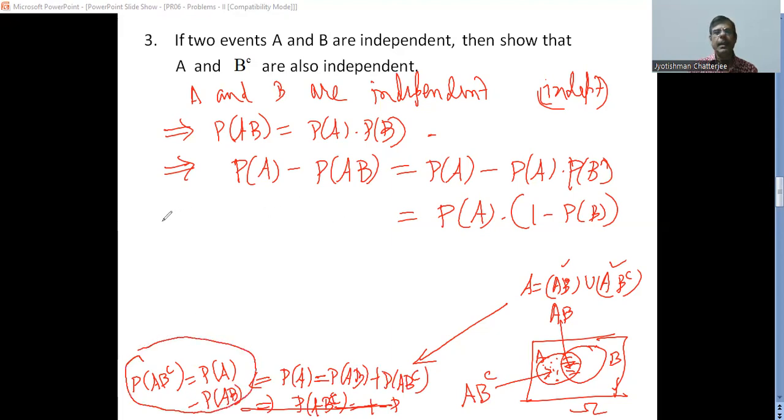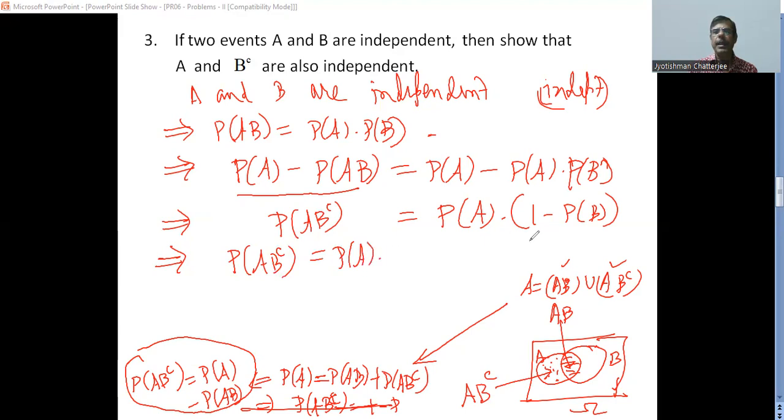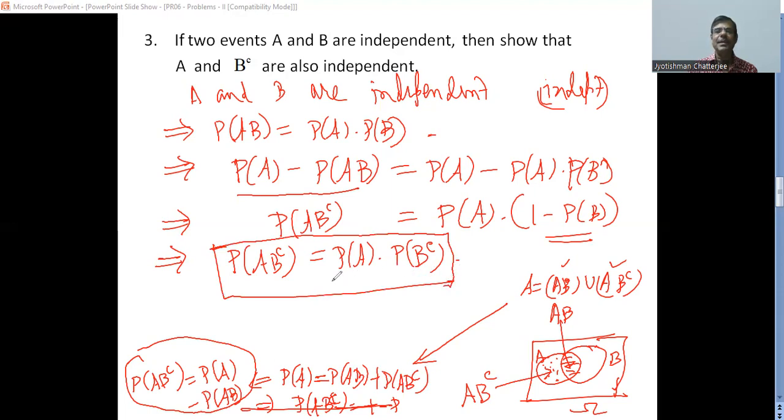And using that, I can write the left-hand side of this equality as probability of AB complement. What does this mean? Probability of AB complement is equal to PA, and this part I can replace with probability of B complement. That's why we get this, and this equality implies A and B complement are independent. That's what we had to prove.